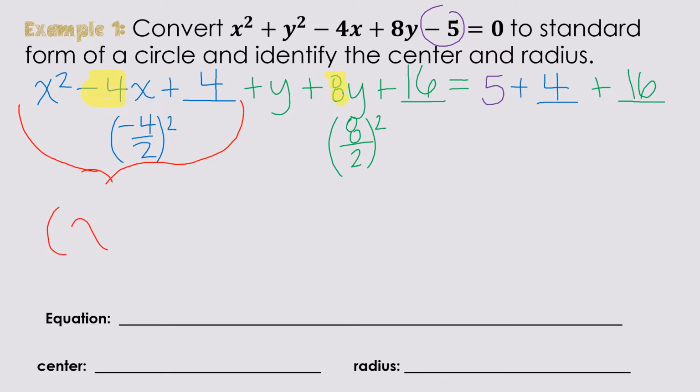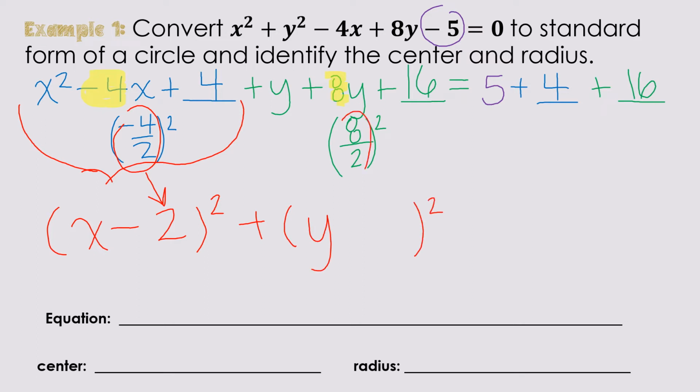So it's going to be x, and you're going to have your square on it. To find that middle number, all you're doing is taking half of that b value, which is negative 2. When you took half of b, before you squared it, that's the number that goes right there. Same thing on the y side. We know it's going to be y, and it's going to be squared.